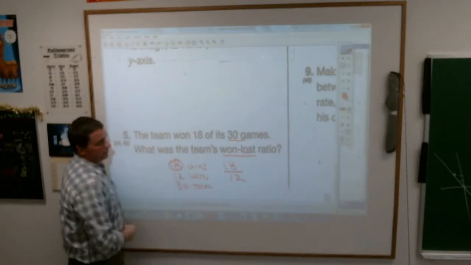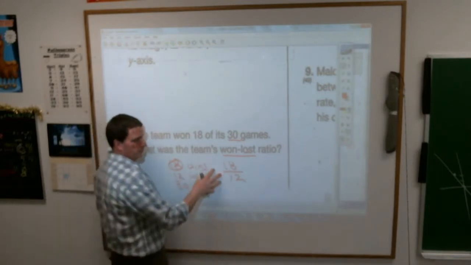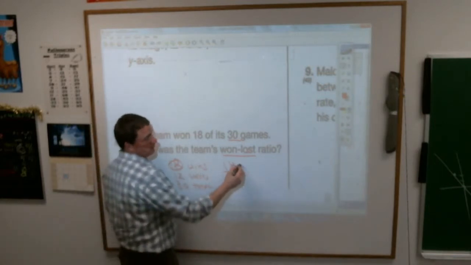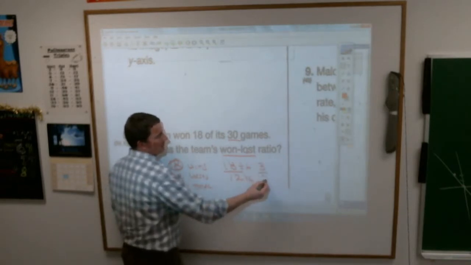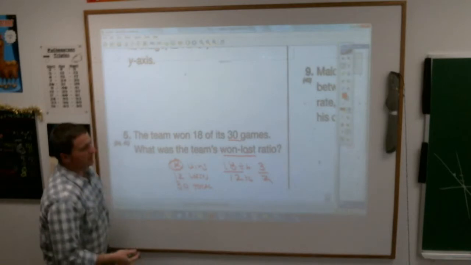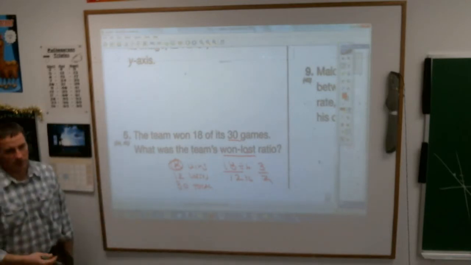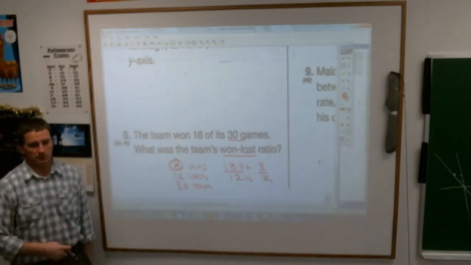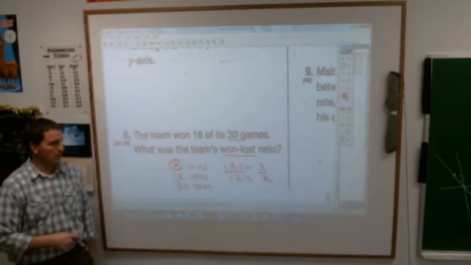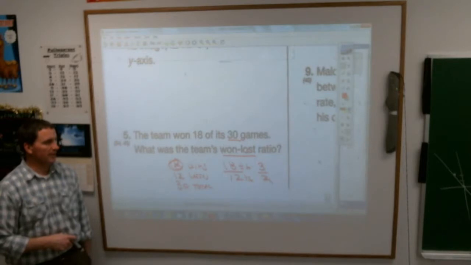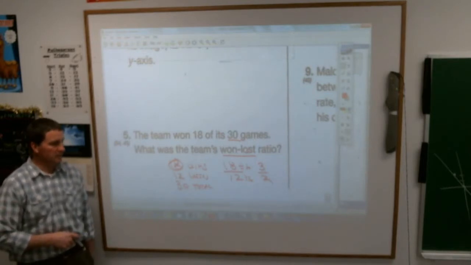It's 18 over 12. With proportions and ratios, you need to reduce them, but leave them as improper. Your win to loss ratio is 3 to 2. You don't say your win to loss ratio is 1.5 because nobody knows what that means. You win 1.5 games for every game you lost, I guess that's what it probably means.